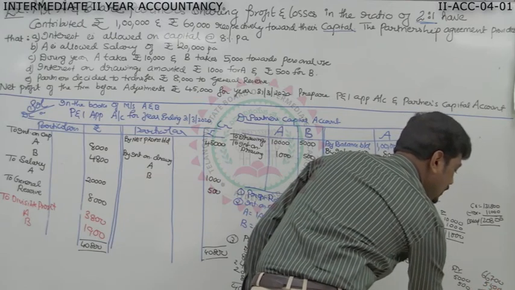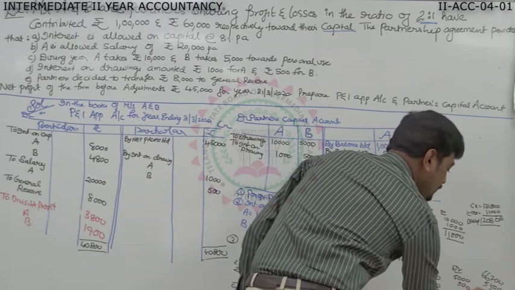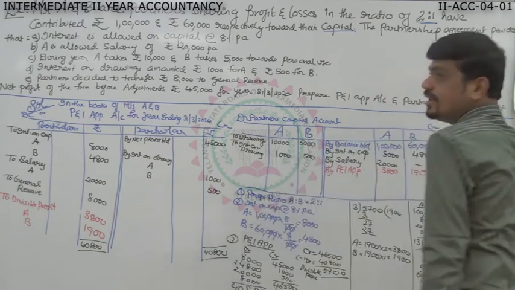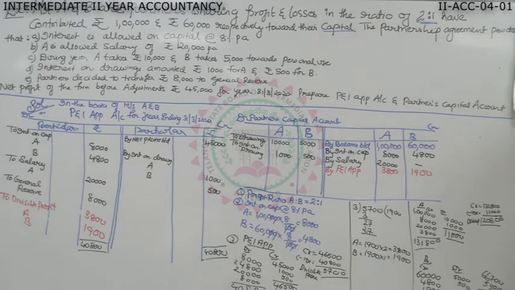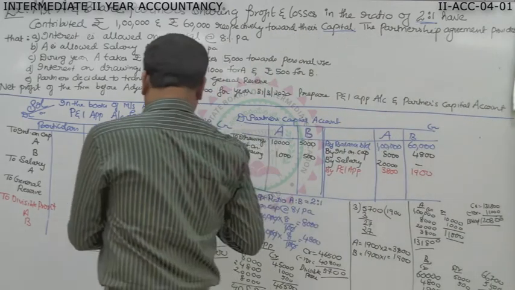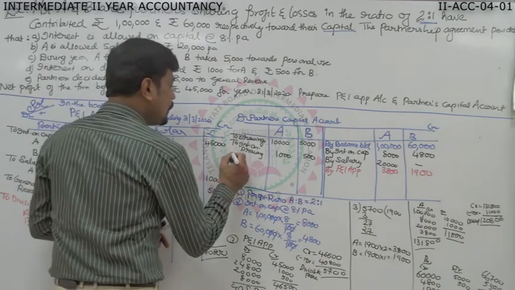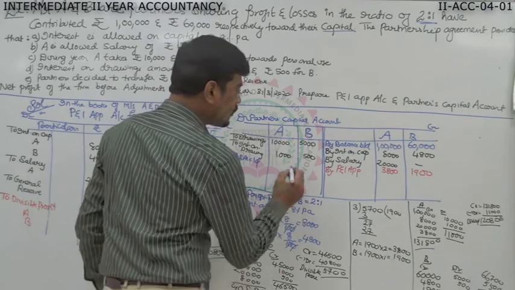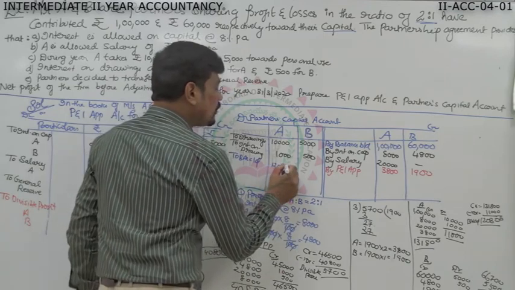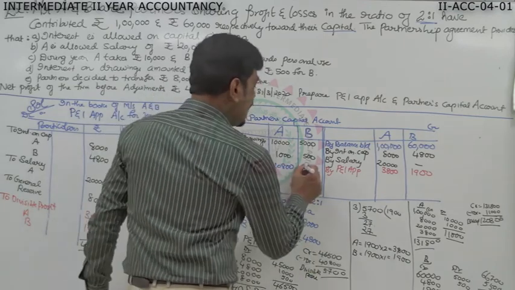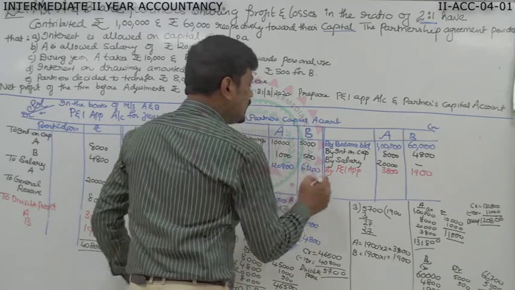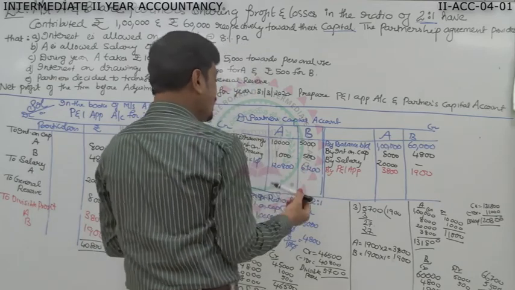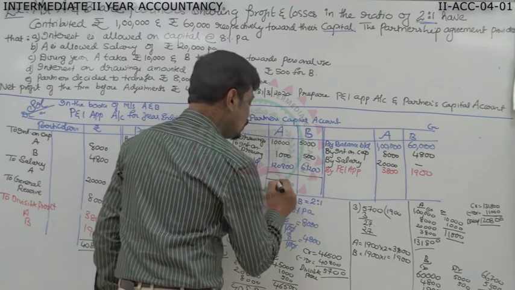This is the balance carried down of B. This we are going to post it as new balance. So we'll come to debit side, new capital, to balance carried down. A 1,20,800 and B is 61,200. Then close it. Don't close in the end.